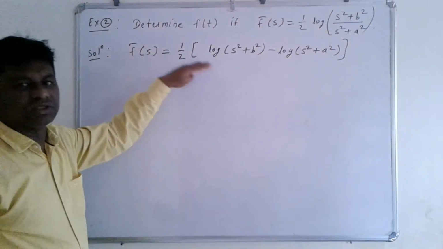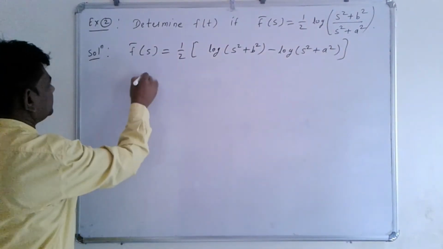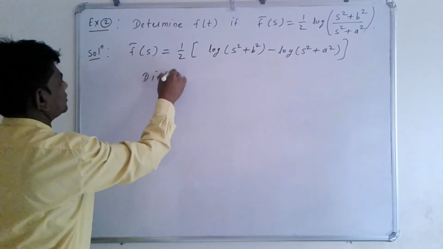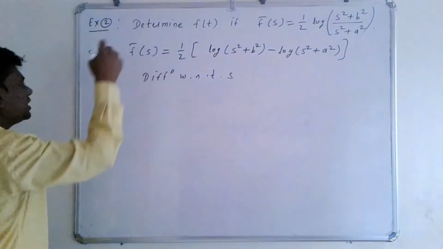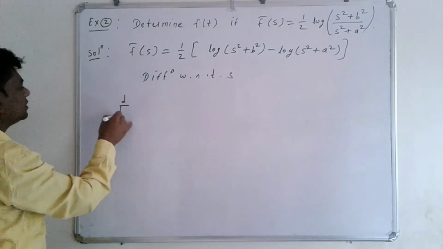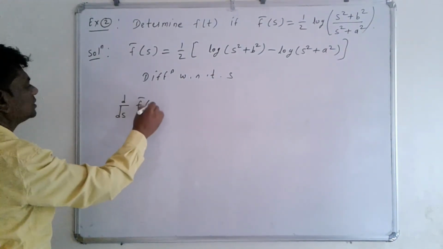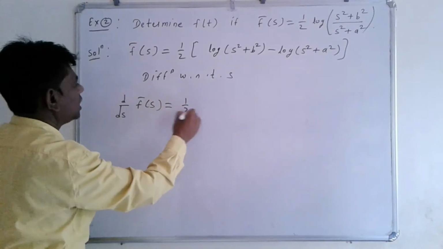Now differentiating this with respect to s. Now derivative of f bar s, d by ds f bar s, is equal to half.